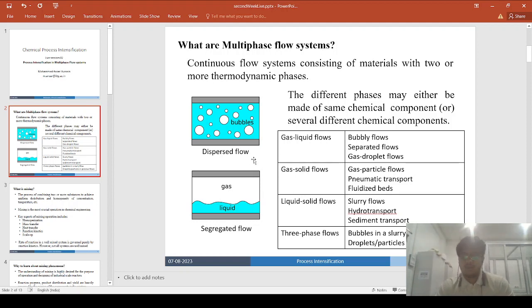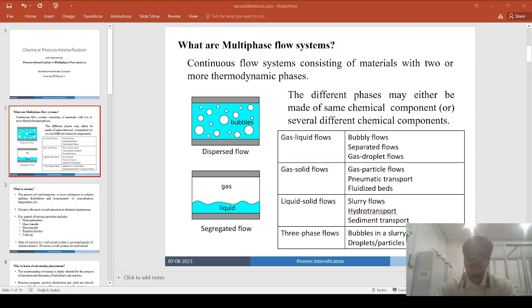So yeah, now for the gas-liquid flow system, let us discuss some systems on an individual basis.